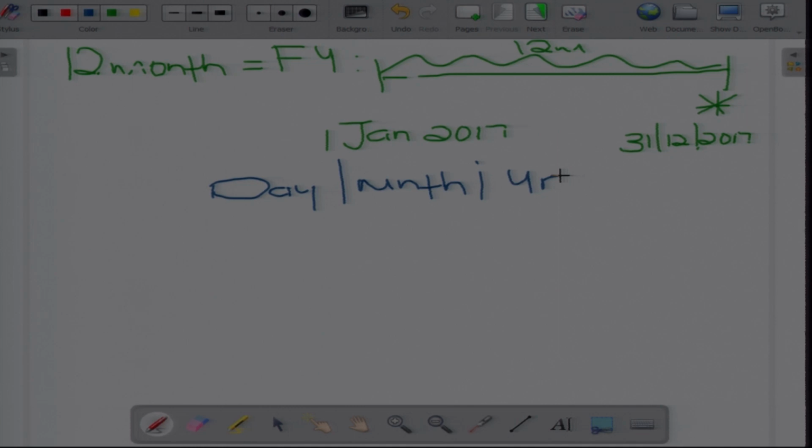To calculate the first day of the year, the day will always be the first, the month will always be the next month, and the year will always be the previous year. So the day is always the first, the month is always the next month, and the year is always the previous year.